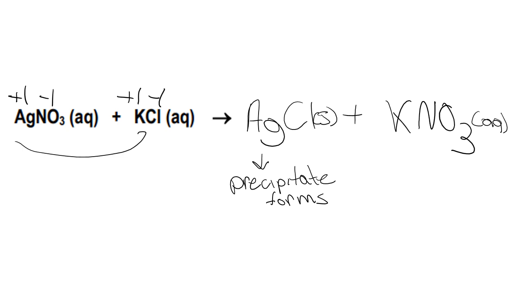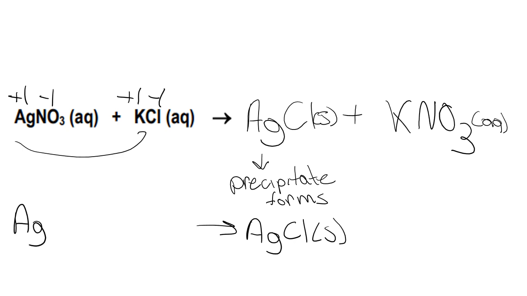You're then going to be asked to write the net ionic equation. All you have to do is take the solid, the precipitate that forms, and work backwards. Now, ALEKS explains it differently, and you can do it that way as well. But the only thing that matters are the things that actually react. And that's the net ionic equation.